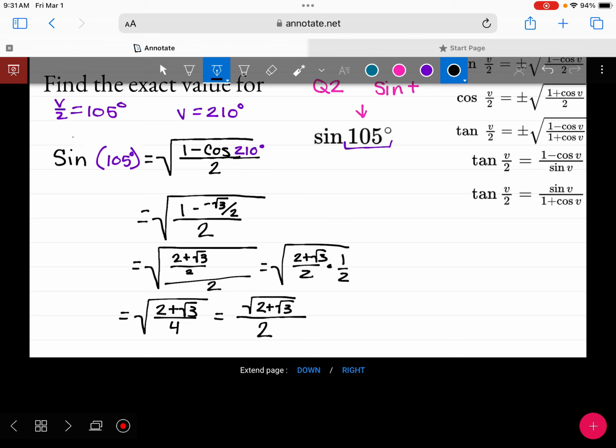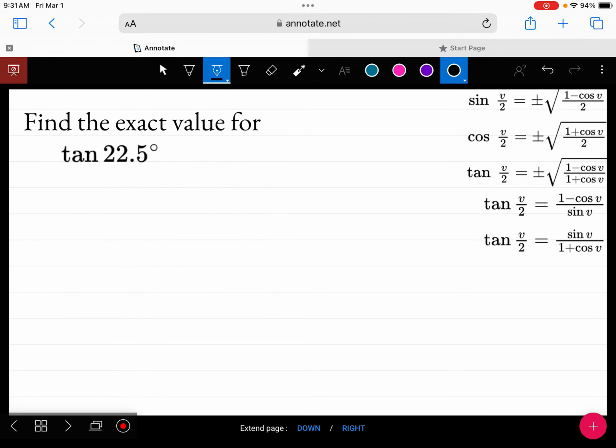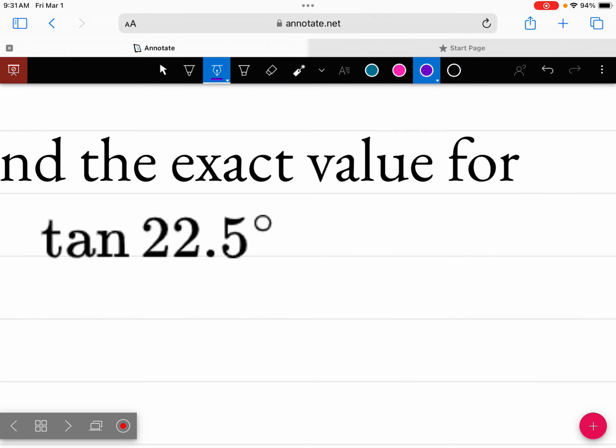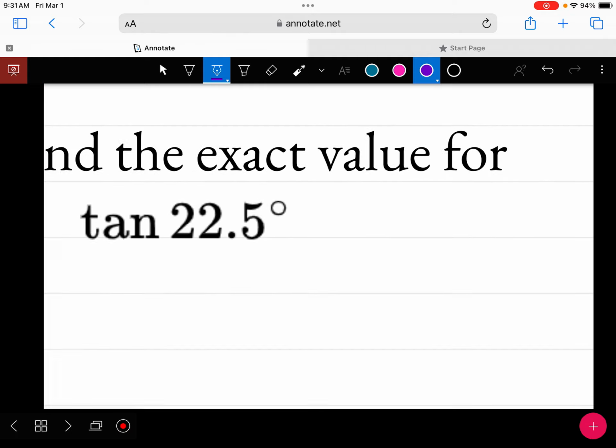So let's go play with our tangents a little bit so that we can see them. And we're going to find tangent of 22.5. 22.5 we know definitely is not on the unit circle because there's no decimals. I know definitely I can't find any product or sum that's going to wind up with that because we're getting decimals and grossness.